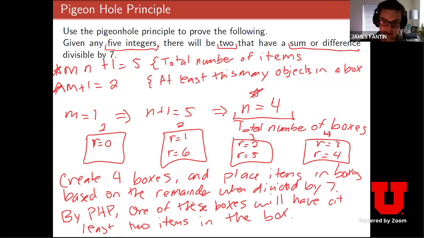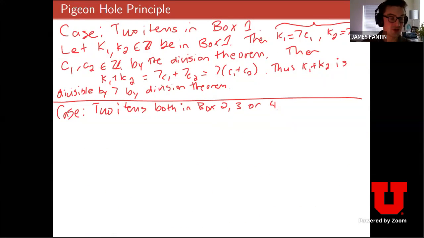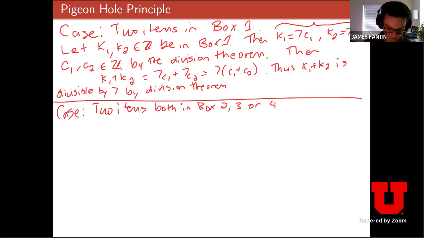Yeah, perfect. Somebody said either the remainders are the same. If I pick two items out of any of these boxes, either I've picked two that have remainder 1, or two that have remainder 6, or in any case, if they have different remainders, the sum of those remainders is 7. So we can talk for this proof in general about these boxes.